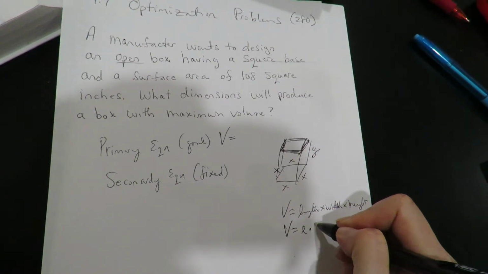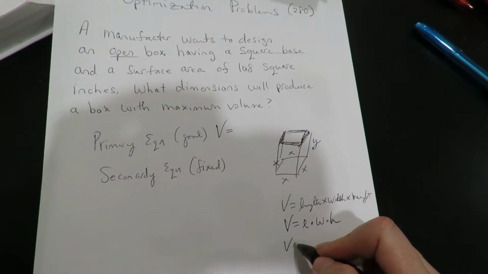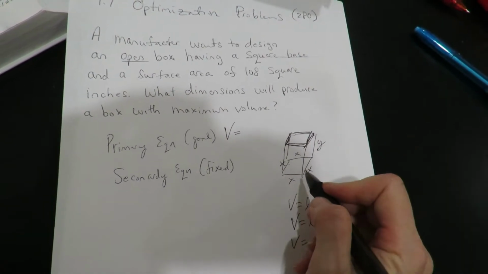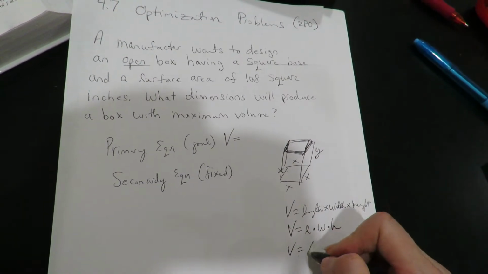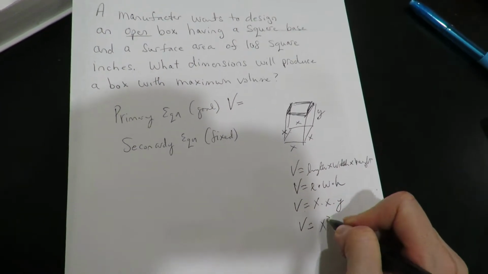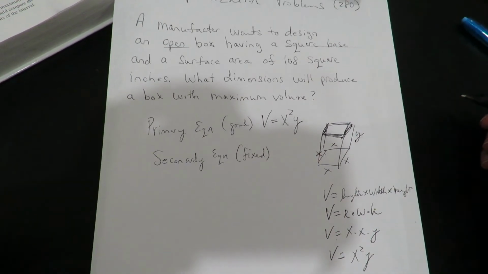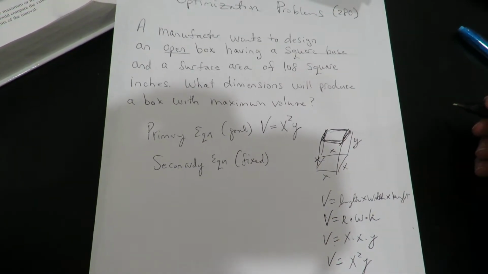L times W times H. So for our case, the length is x, the width is x, the height is y. So it's x squared y. So that is the equation for the primary.